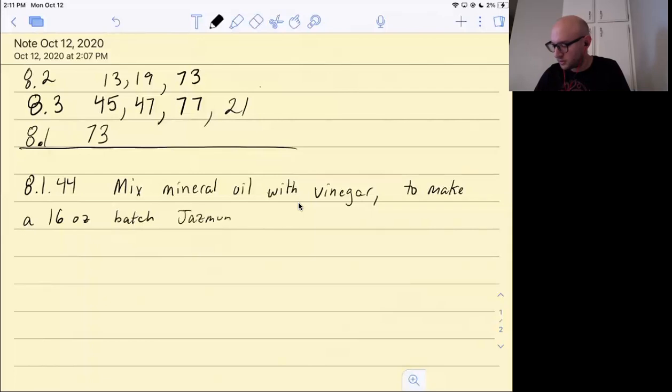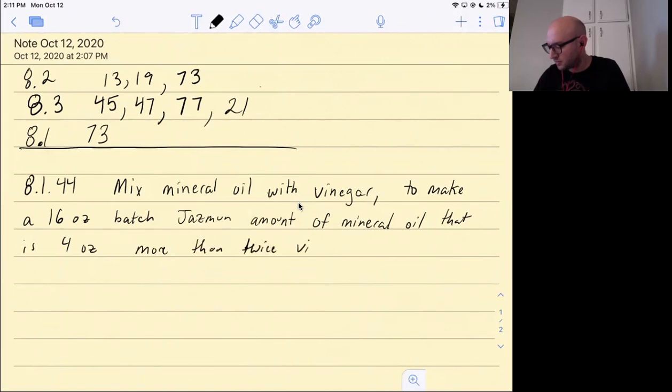Jasmine uses an amount of mineral oil that is 4 ounces more than twice the vinegar. Okay. So the question is, how much of each is required?